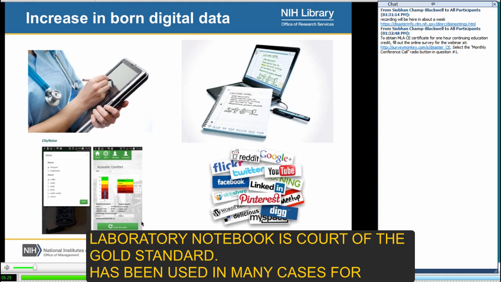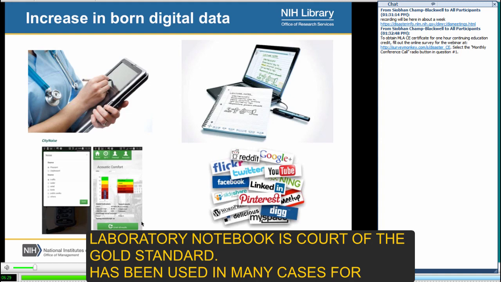A middle ground between the paper lab notebook and the electronic lab notebook would be something like a smart pen, where you write on special paper with this special pen, and you have a paper and ink record of what you've written, but it also transmits everything to your computer, so you have a digital record of what's been written as well. So it's kind of cool for people who still want the paper lab notebook experience, but want to have digitized records as well.